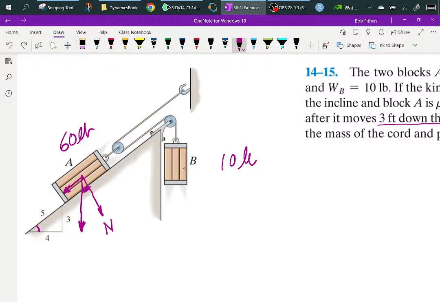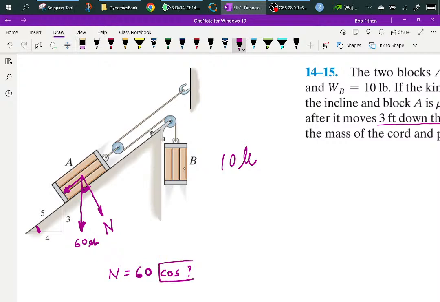So what you're wanting to figure, this is 60 pounds. So I can get rid of the 60 pounds up here. So the normal is going to be the 60 times the cosine of whatever that angle is. Now, if you look at the cosine of this angle, which is the same as that angle, it's going to be 4/5.